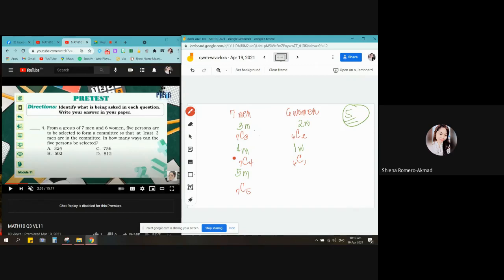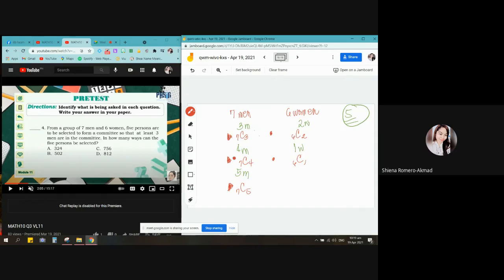So, ganun na lang siya kadali pag sanay na kayo, no? Multiply, multiply, and then remember that this is a different scenario. Different din to. Ito din. Pero, I mean, same scenario, but different ways of showing the scenario na binigay kanina.